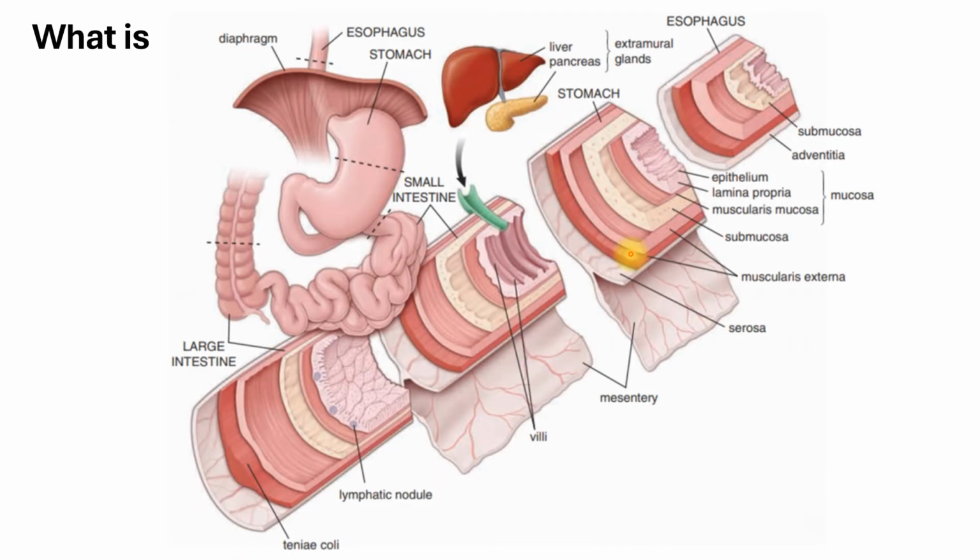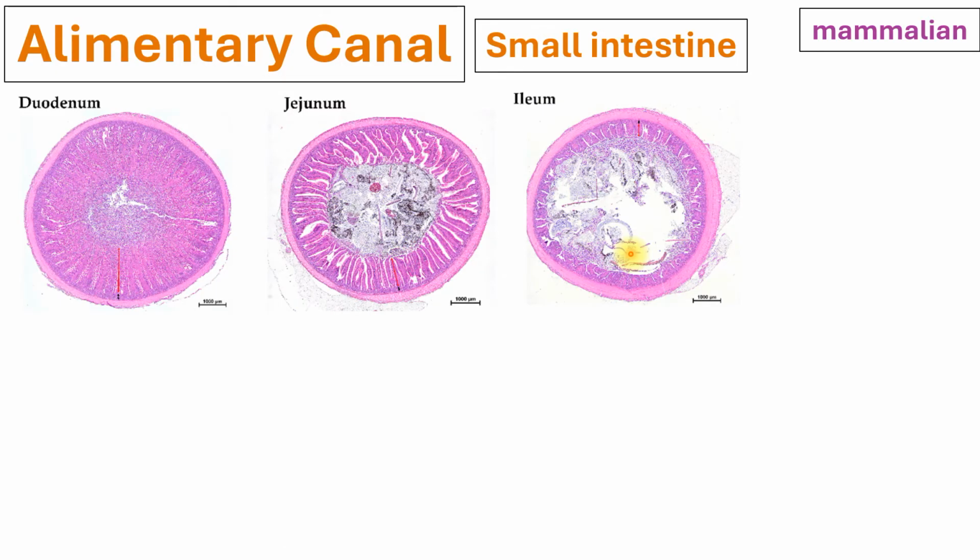Next, let's go to the small intestine. So for the small intestine, actually histologically they do not differ so much, no? They just differ from your stomach in that they contain finger-like projections which extend into the lumen, which are called your villi.